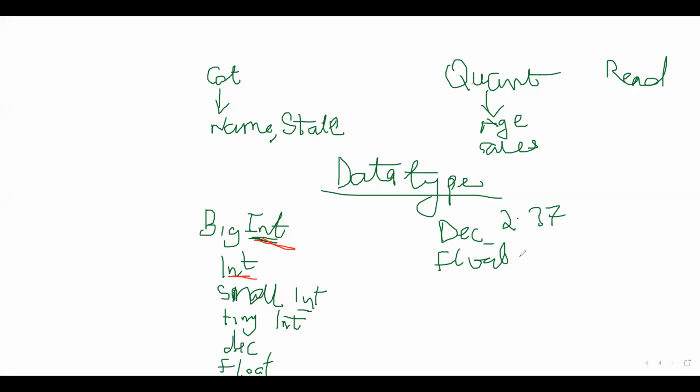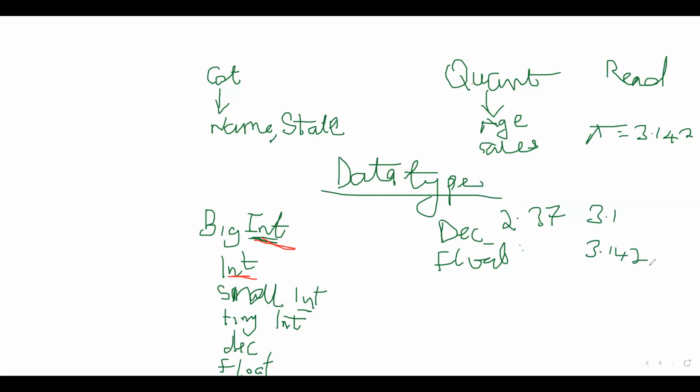It stores exact value, but float stores approximate value. And it's more. So in mathematics, pi is equal to 3.142. Decimal can store it as 3.1. Float will go ahead to store it as 3.142.